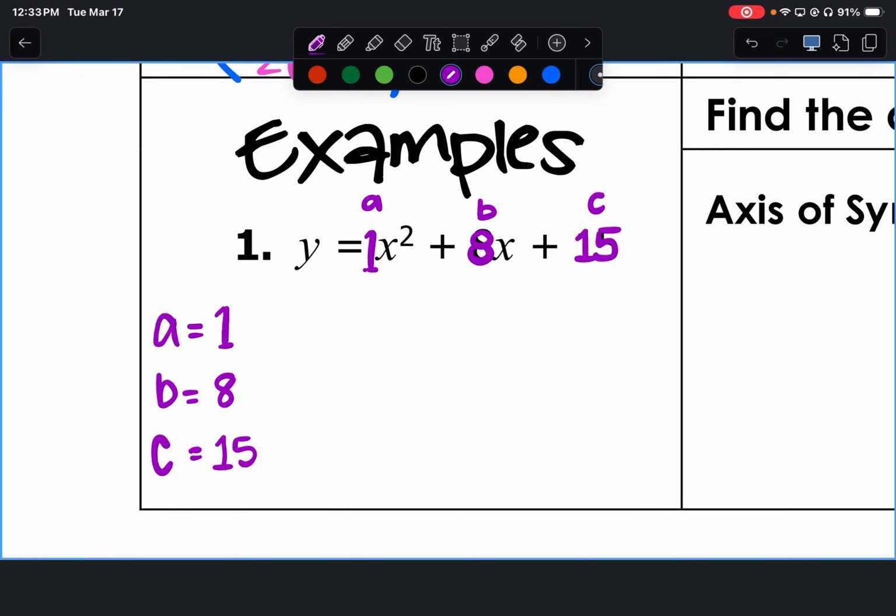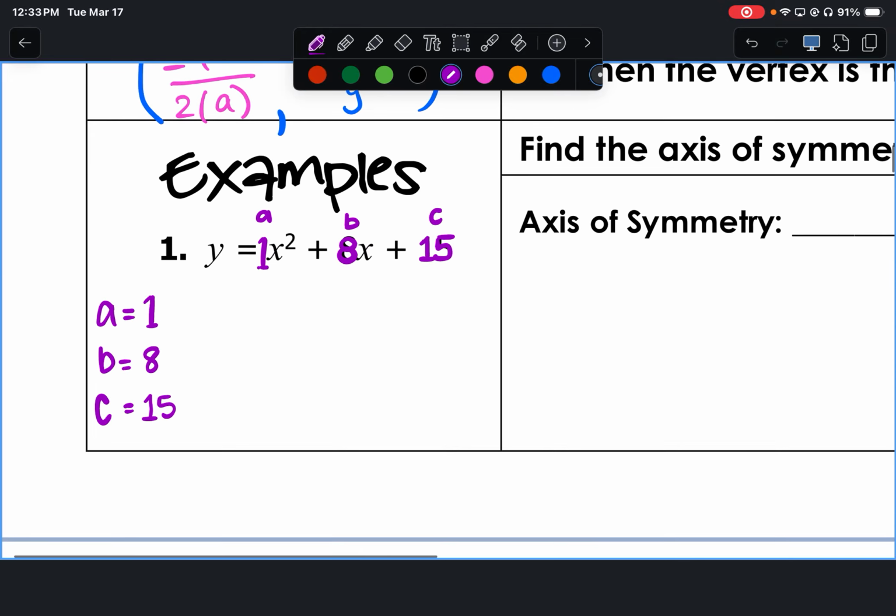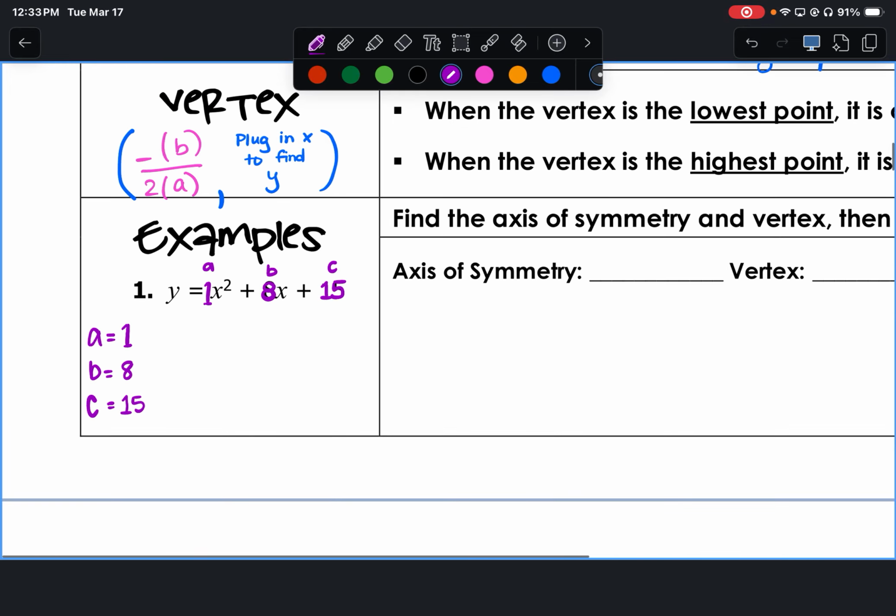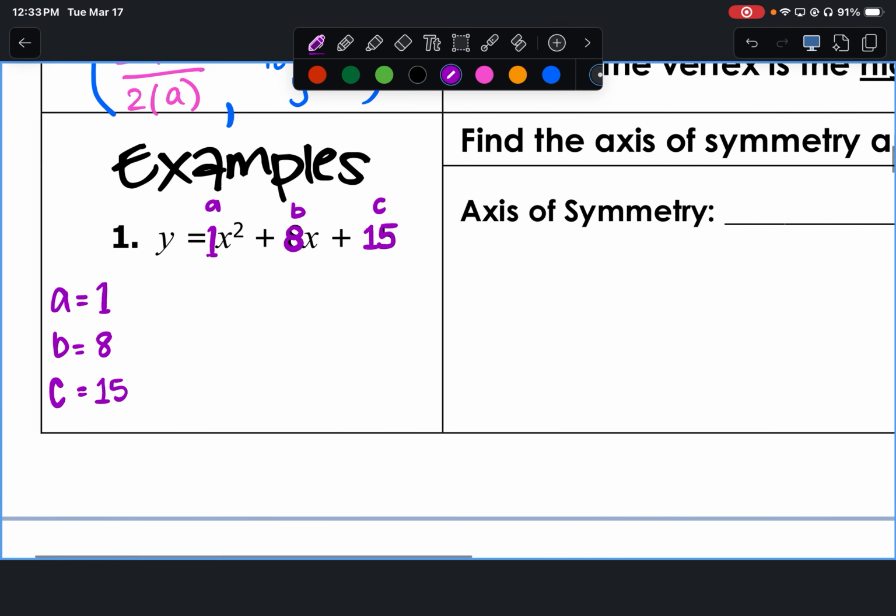So that is our step 1. That's always what we do for step 1. And from there, is this graph going to open up or open down? Up. Why is it going to open up? Because a is positive. So we can already make that statement. It's going to open up.